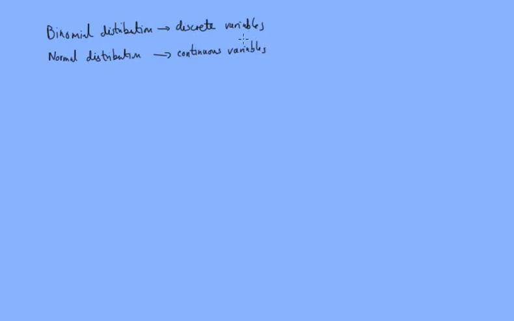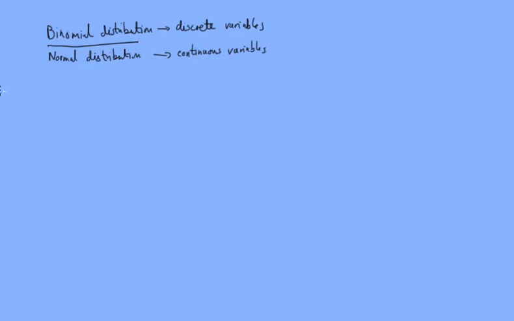However, it was found that if the number of trials in a binomial distribution is really high, it begins to approximate the normal distribution. So let's think about the kind of problems that we would face with a binomial distribution.